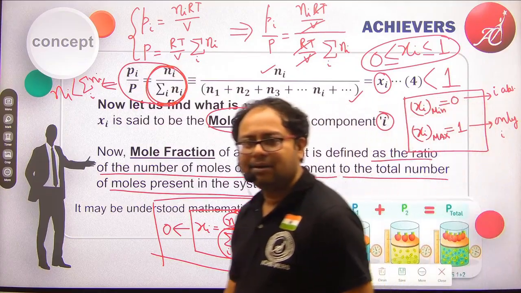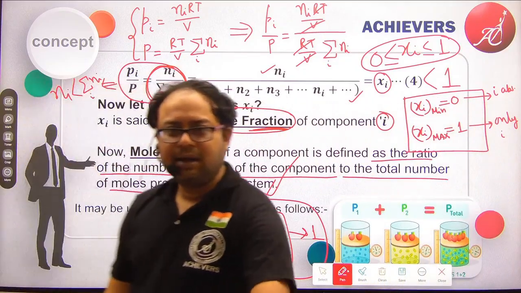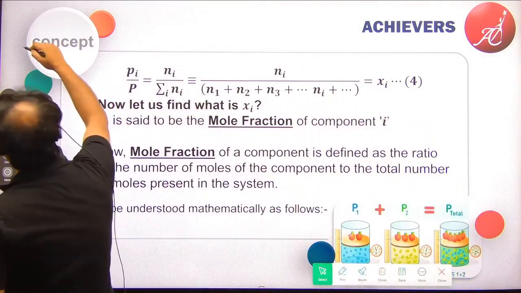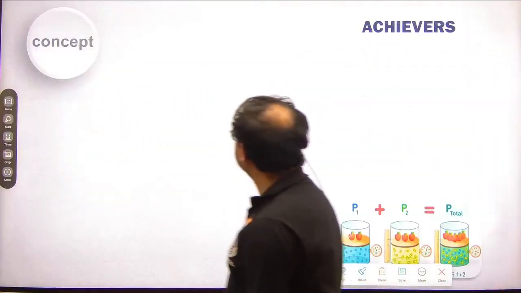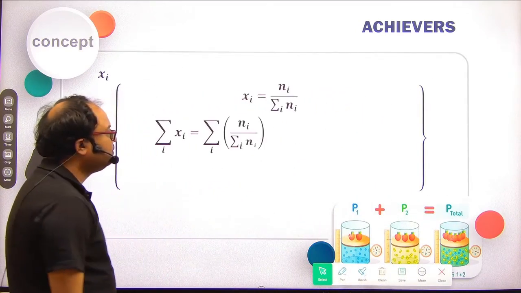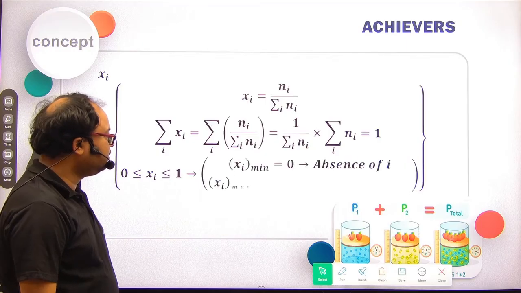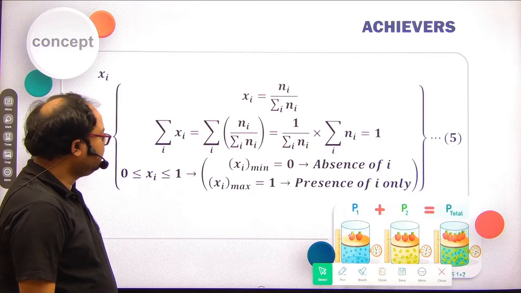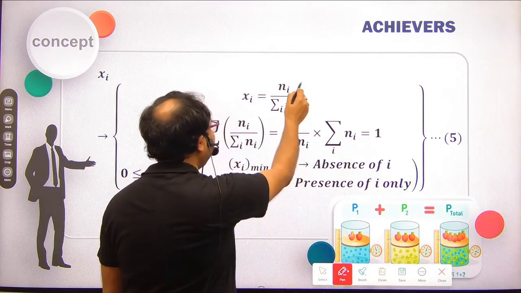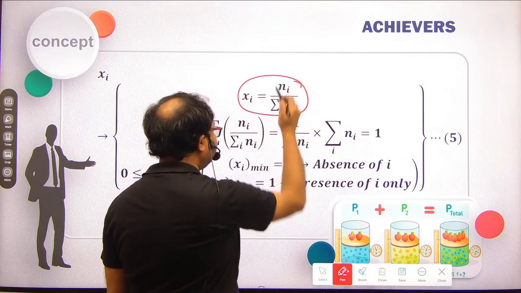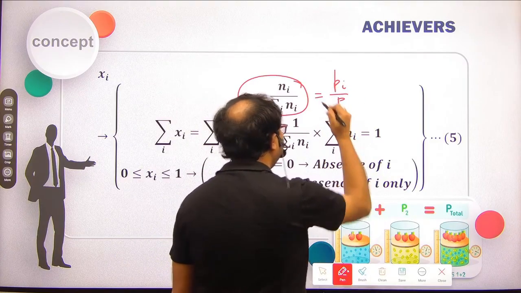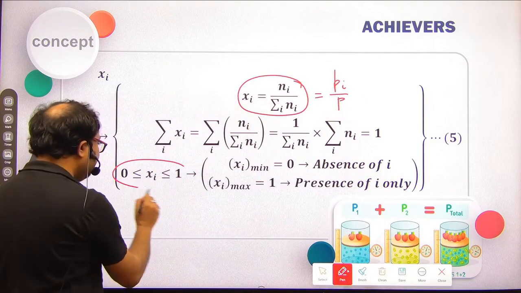Okay. Now students, let's move on to the next slide. So these were the results I was saying. Xi equal to Ni by summation over Ni, which is again equal to Pi by total pressure, and Xi ranges from 0 to 1.